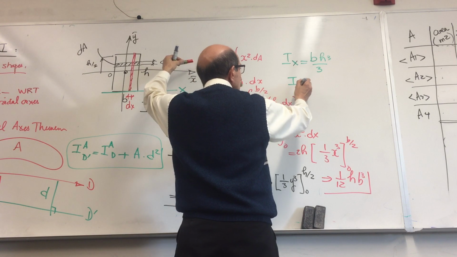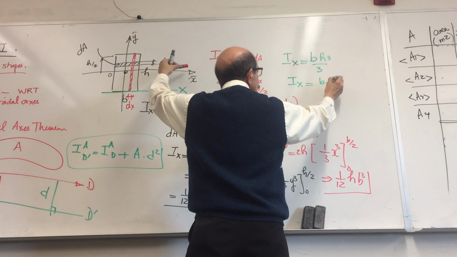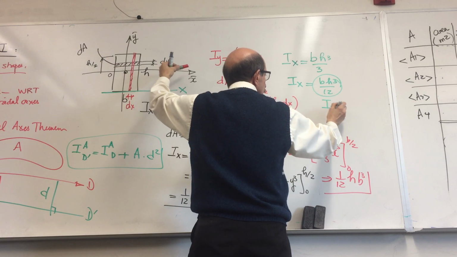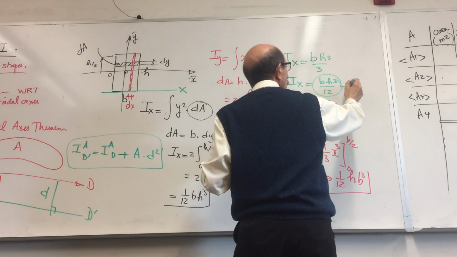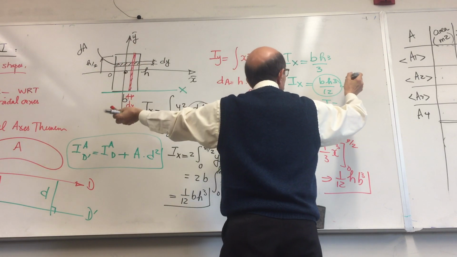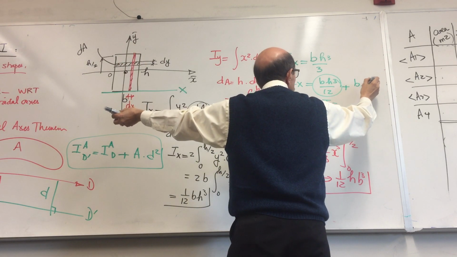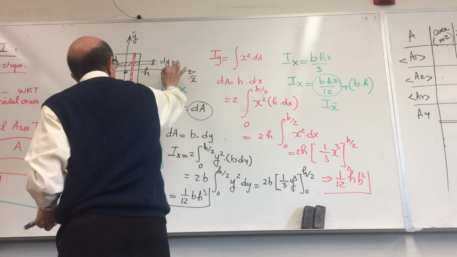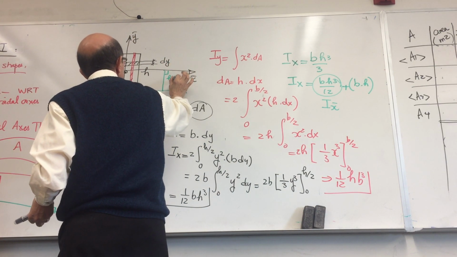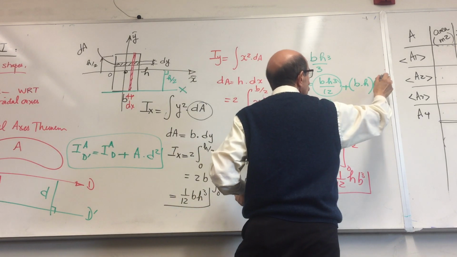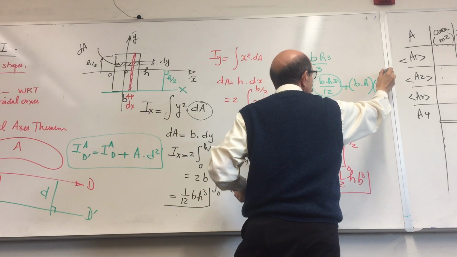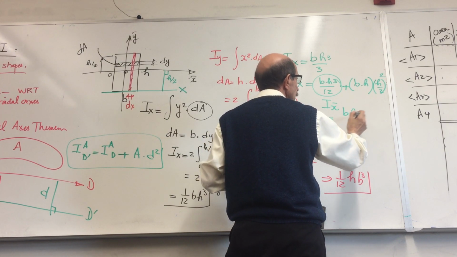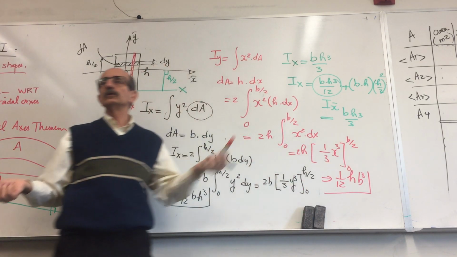So I of x would be bh cubed over 12, which is the moment of inertia about this axis, plus the area of this rectangle, which is b times h, times the square of the vertical distance between these two, which is h over 2. So h over 2 squared, which will give you that, bh cubed over 3. That's how you do it.